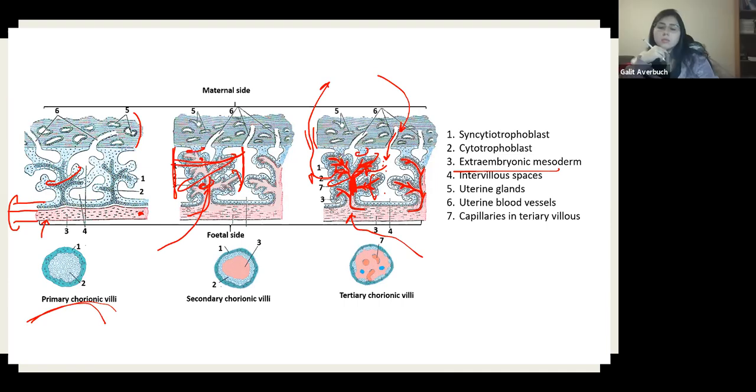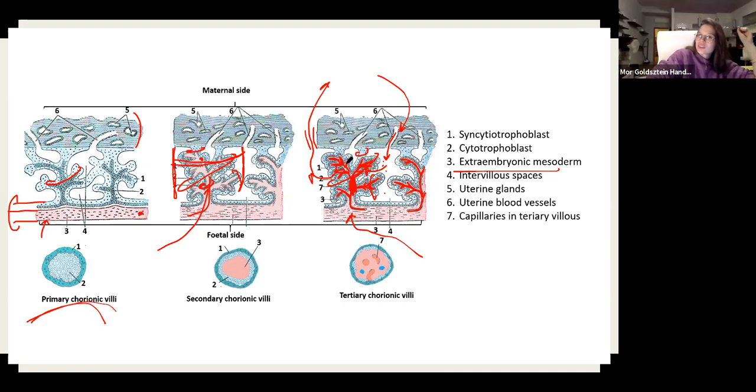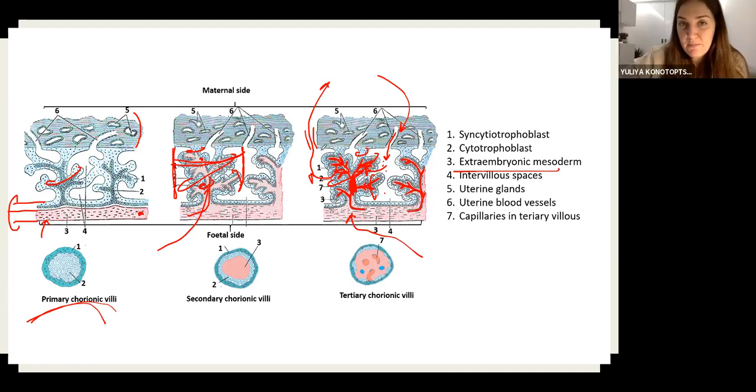Then connective tissue, because this mesoderm differentiates into two things, connective tissue and blood vessel, then basement membrane of a blood vessel, and then endothelial cell. Okay, so that's the pathway of diffusion for the good things and the bad things.